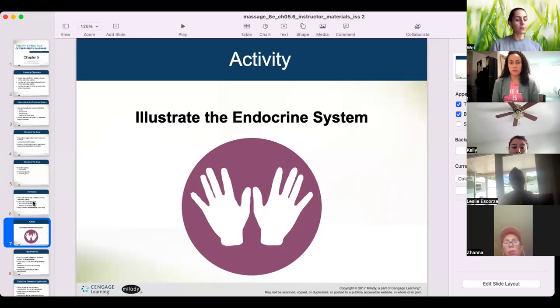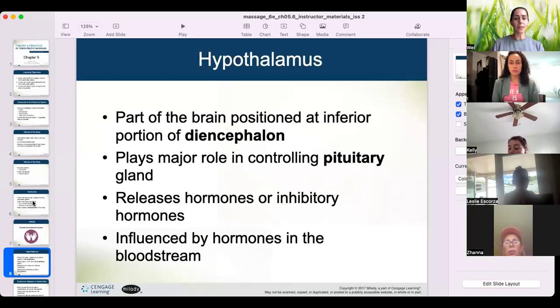Okay, if you want to follow along, maybe you can open your book. Otherwise, I will wait for the exercise after the lecture. And you can see the list of all the hormones. There's a table of the glands you can find in your book on page 261.